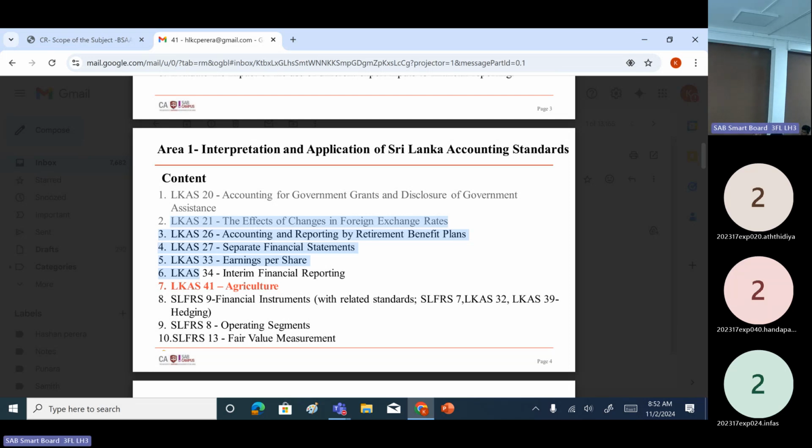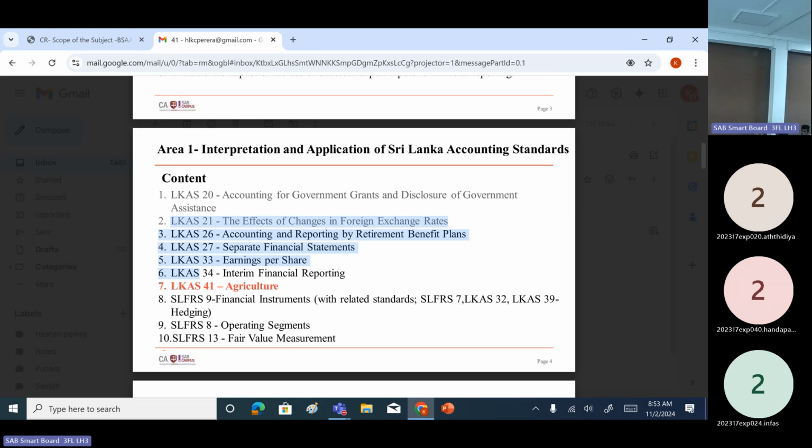After having the International Accounting Standards Board, we are having IFRS. Going forward, we will get many IFRSs. 17 is supposed to be implemented in 2026. 17 can come up.